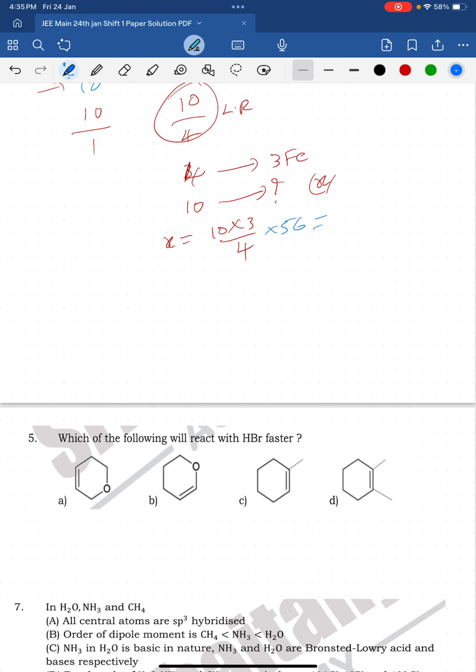Which of the following will react with HBr very fast? In this case the intermediate is a carbocation. It is an electrophilic addition reaction, H plus and Br minus.